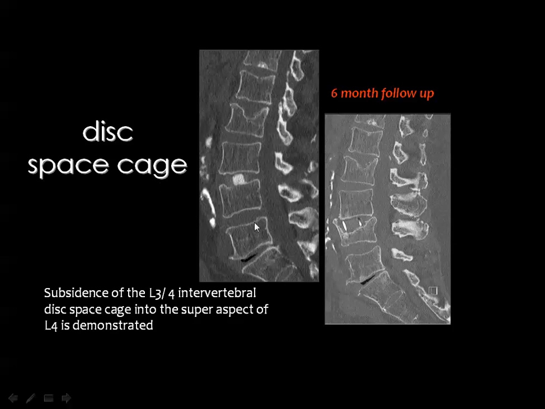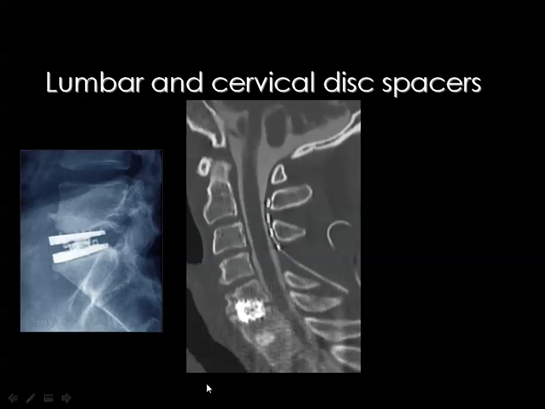And here is one of the complications where the disc spacer or the disc cage has, let's say, progressively indented the superior aspect of the vertebra below, ending with this very bad configuration at the level of surgery.